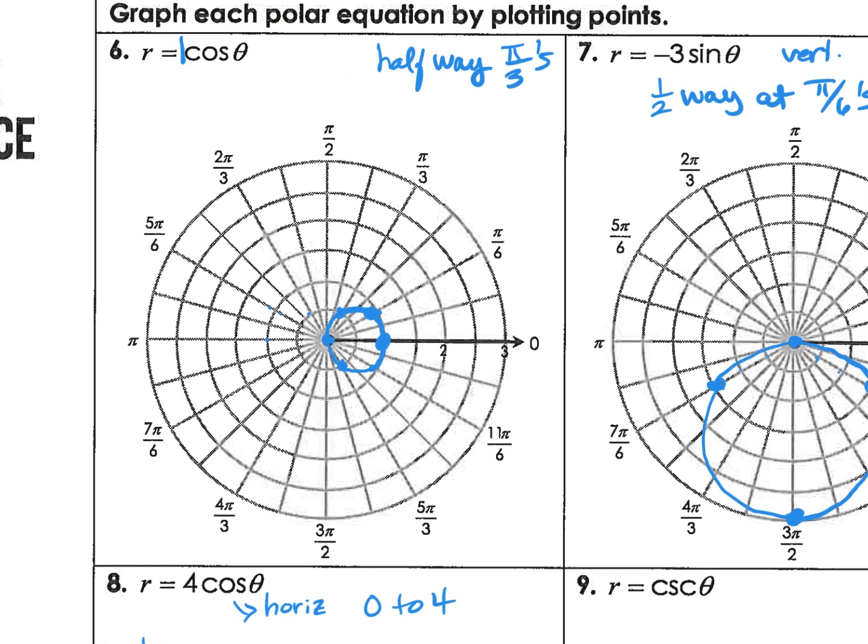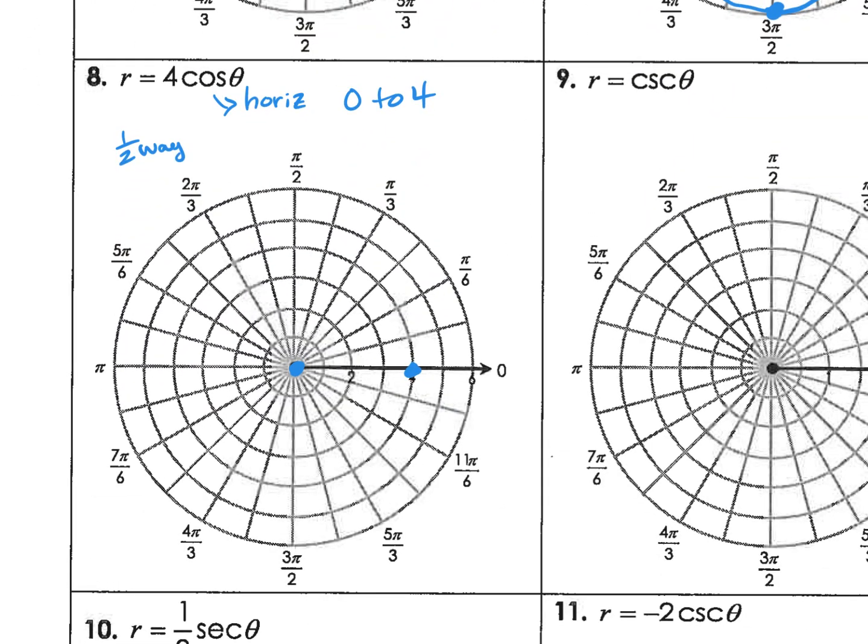Pi over 3s. So halfway at pi over 3, half of 4 is 2. So at pi over 3, it's going to be at 2. So we know the circle is going to look like this.